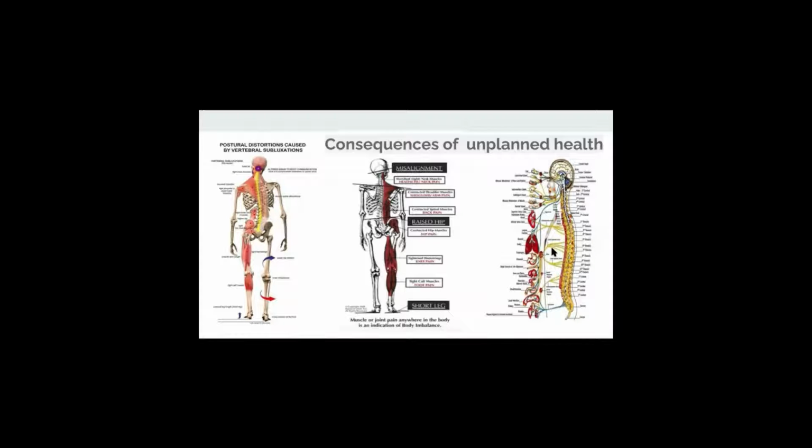So if you are a sloucher and you have lack of endurance when you're running, or you have lack of breathing, don't be surprised because the nerves in your upper back, in between your shoulder blades, between the base of your neck and all the way to your bra line, feed your heart and lung area. So you have to be cognizant of correcting your posture in order for your biomechanics to be corrected, in order for your muscles not to be affected, so you could have optimal performance in your sports.